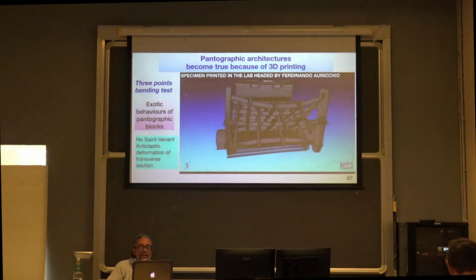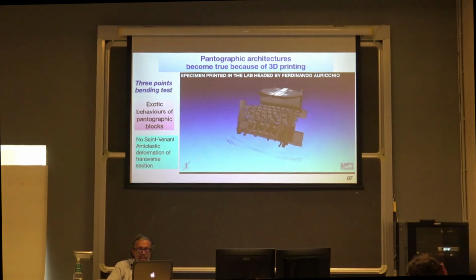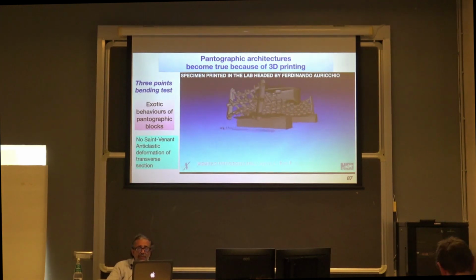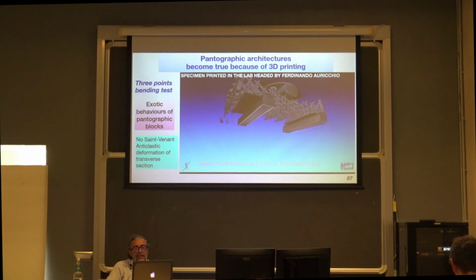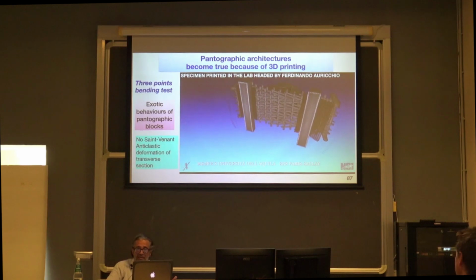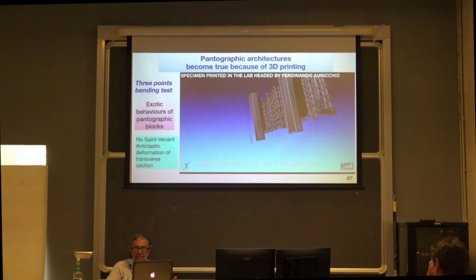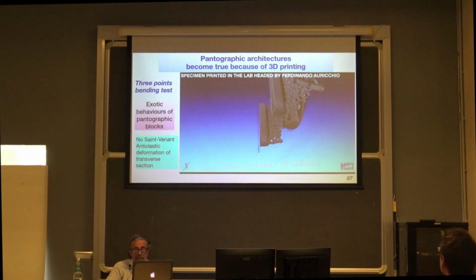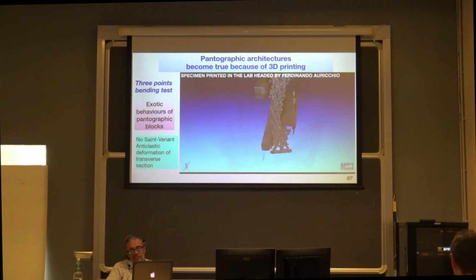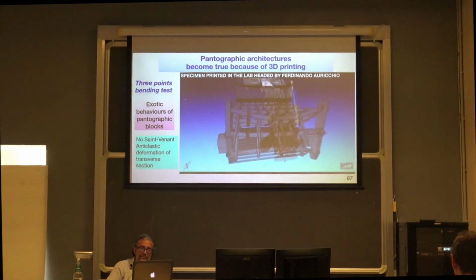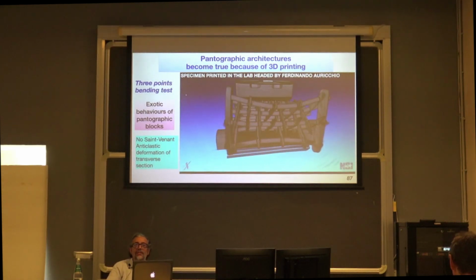We printed in the lab of Ferdinando Riccio in Pavia this specimen, and we tested it in the lab of François Hild in Paris. This is an experimental object, and this has been obtained via tomographic measurements, and look, very exotic behavior, no anticlastic deformation, okay?